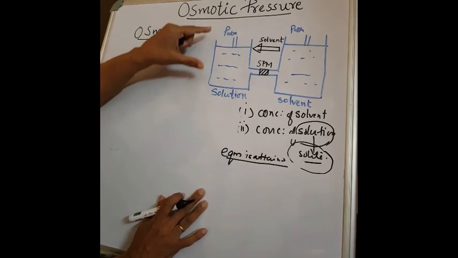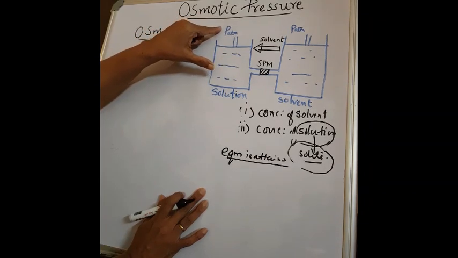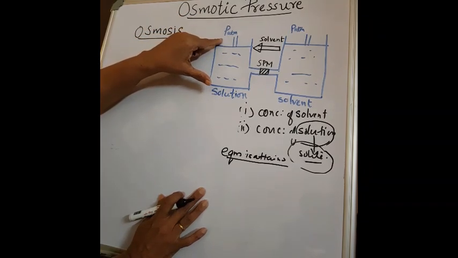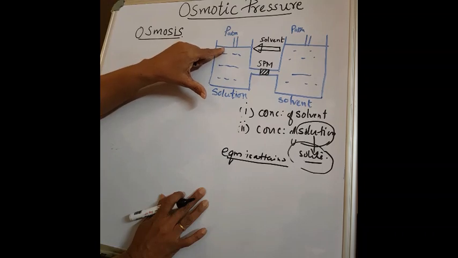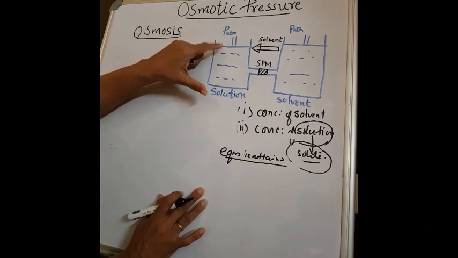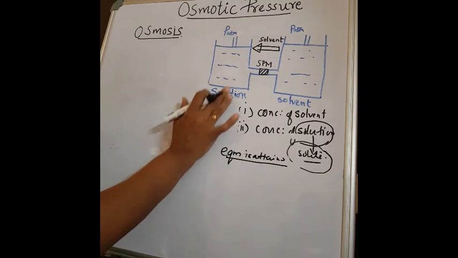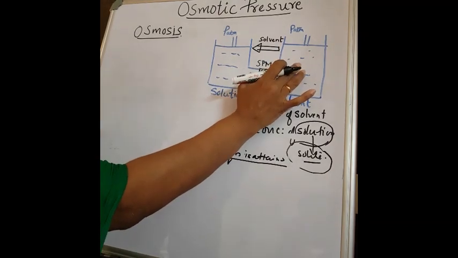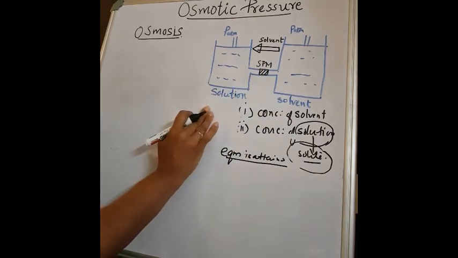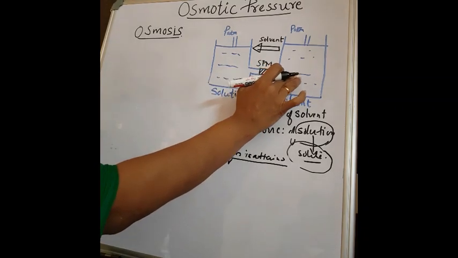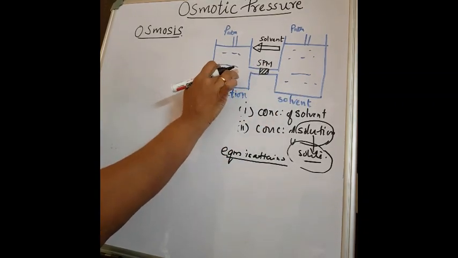Now what happens if I apply some pressure to the solution side in order to stop the osmosis? What do you mean by stopping the osmosis? Stopping the flow of solvent molecules to the solution side. Now, the solvent is getting into the solution side, correct?